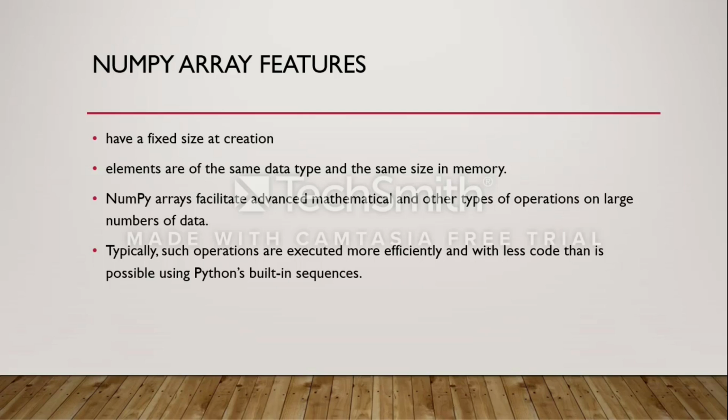We will show you some of the operations that we can do on the NumPy array. Typically, such operations are executed more efficiently and with less code than is possible using Python's built-in sequences. So far we have used lists in many of the examples, but NumPy operations are more efficient compared to lists or other built-in sequences of Python.